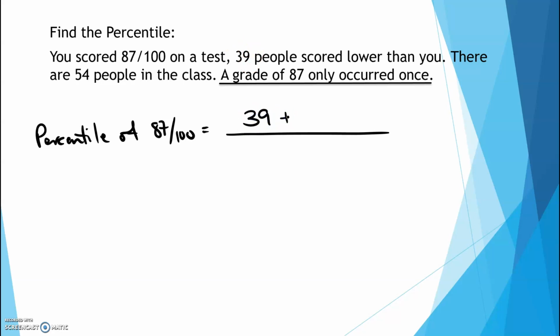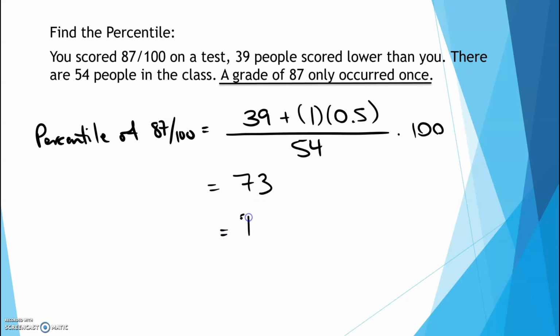Well, how many 87s occurred in the class? Only once. So 1 times 0.5. Remember that 0.5 is just part of the formula. How many people took the test? Well, 54. And then times 100. So what you'll get is 73, or the 73rd percentile. And you could write it as P sub 73. That's also another way of writing that.